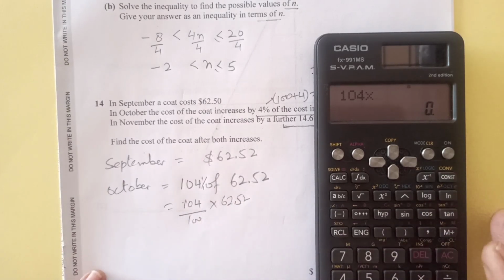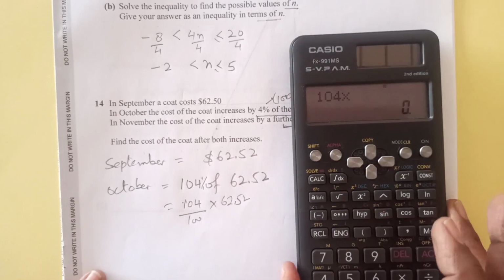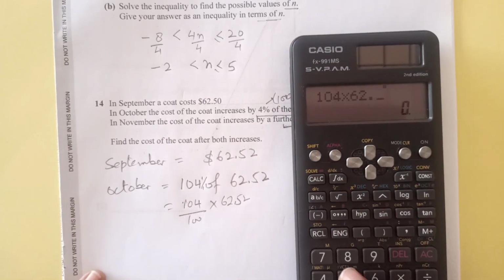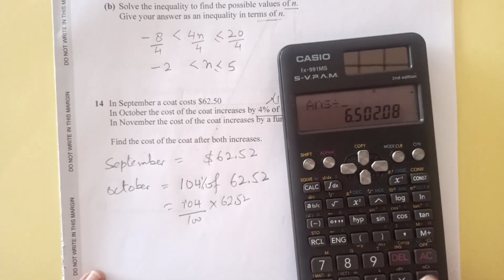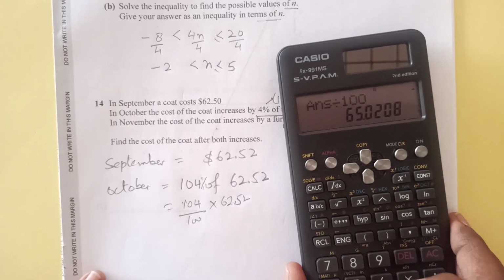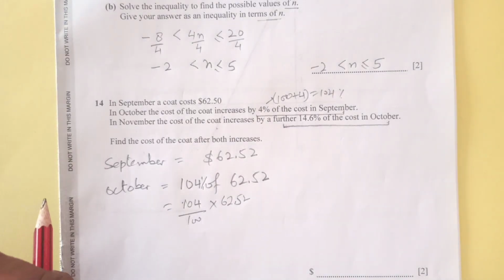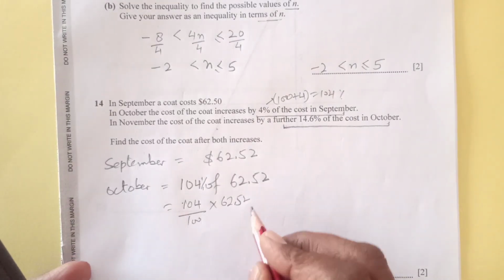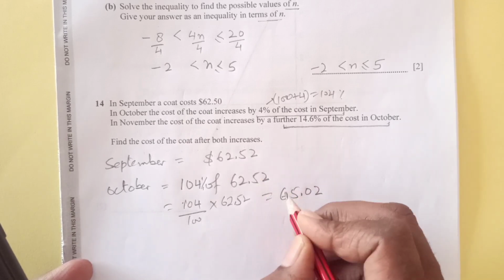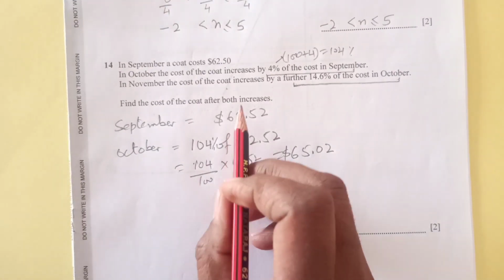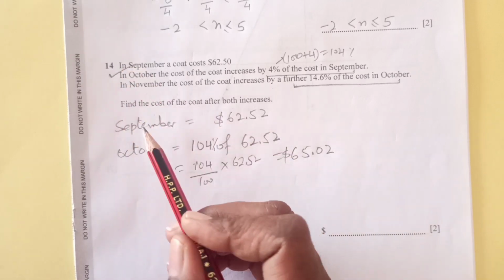So 104 times 62.50 divided by 100 gives 65.00 dollars, right? That is the cost in October. So we are done with this one.